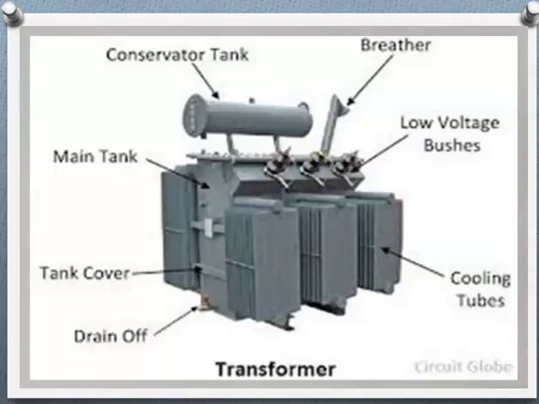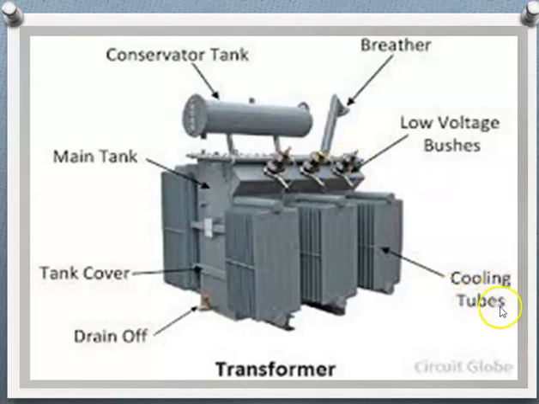So let's get started. This is a three-phase transformer, and these are the various parts we are going to discuss here. This is the main tank in which the core and windings are placed. This is a conservation tank. This is called a breather. These are bushings, which are used for insulation purpose.